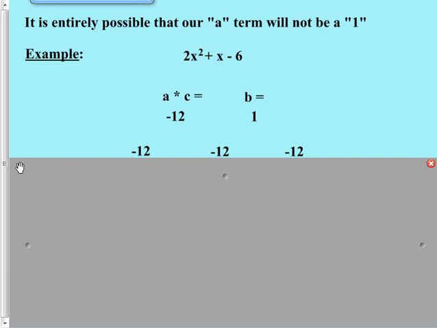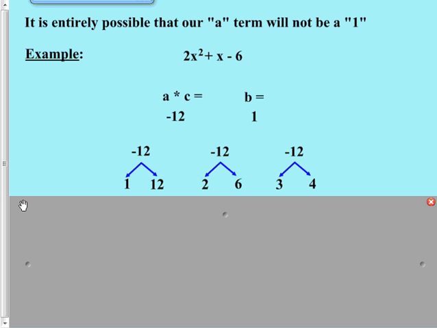Now, once again, we're going to take our a times c product and factor it as many ways as we can. As it turns out, 12 can be factored in 3 different ways. It can be factored into 1 times 12, 2 times 6, and 3 times 4. Okay, so there are the different ways that 12 can factor.